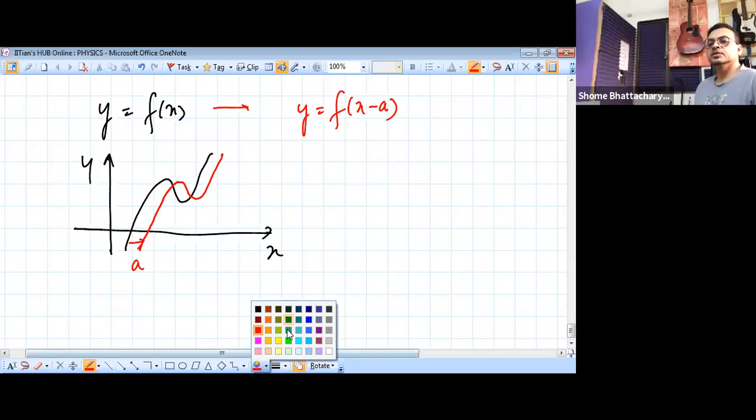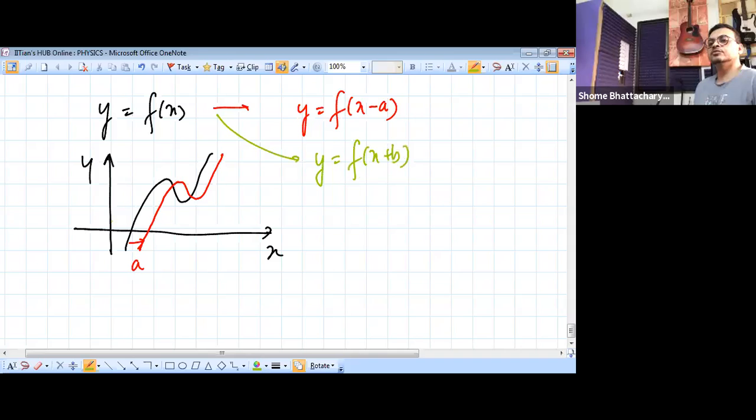Or if we transform it, let's say, to y is equal to f(x plus b), then it shifts towards the left.